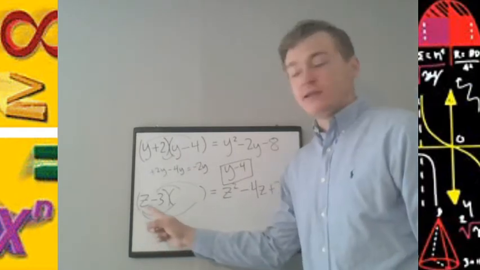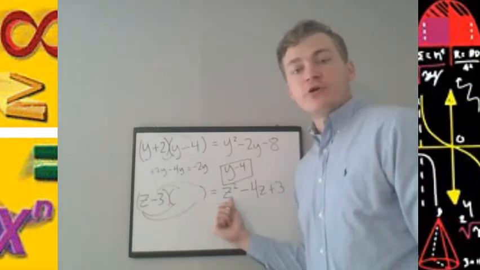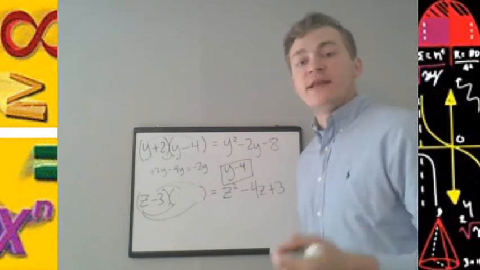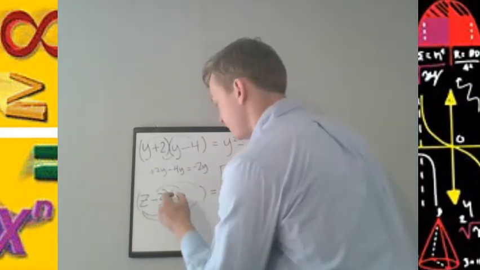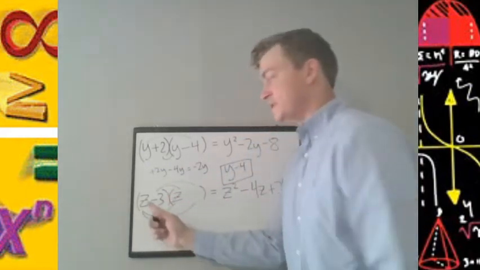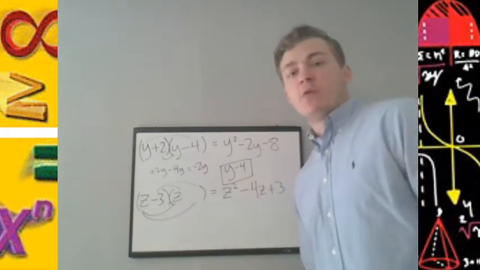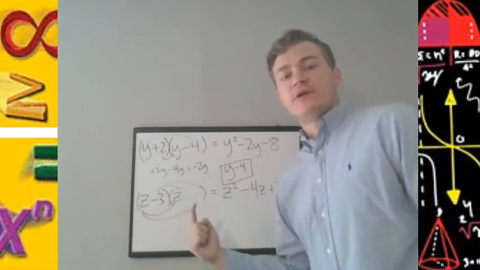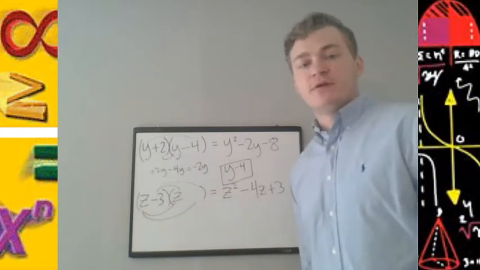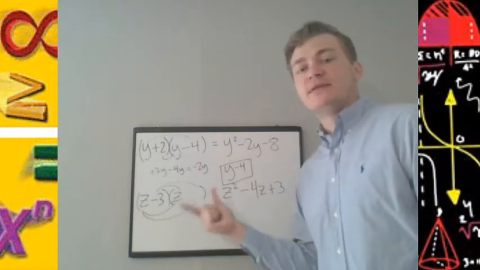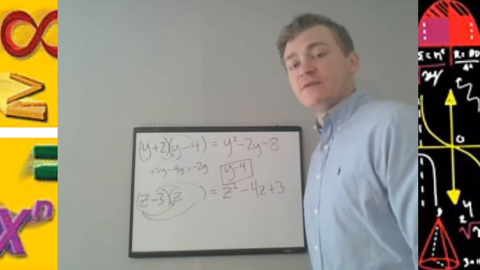What do we multiply to the z in order to obtain z squared? Well, that is the variable z. Z times z is z squared. Now, what do we multiply to a negative 3 in order to get positive 3? Negative 3 times some number equals positive 3.